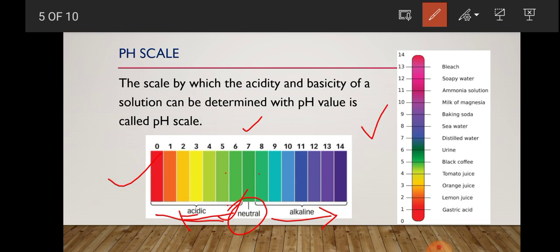And look here at another figure, this one. There are some pH values of some common substances.